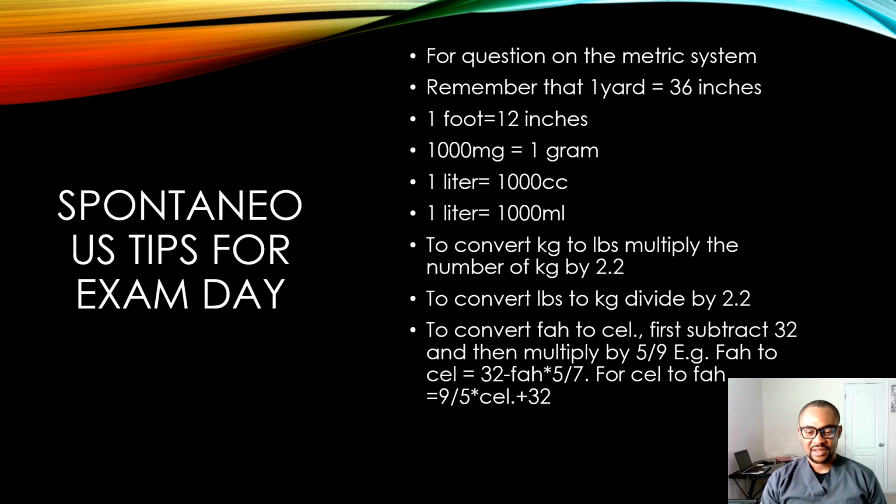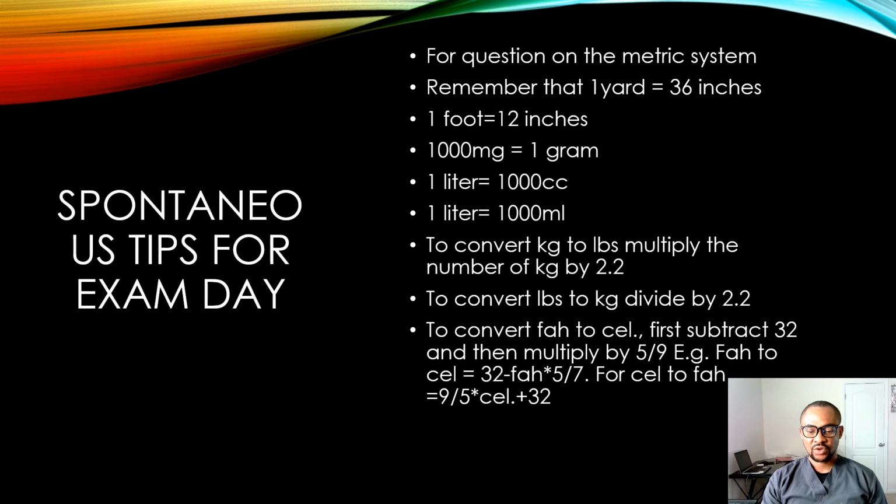To convert, have this in mind. When you want to convert kg to pounds, don't forget this: multiply the number of kg by 2.2. If you want to convert kg to pounds, you multiply whatever number you are given for the kg by 2.2. That way you can convert the kilogram to pounds.